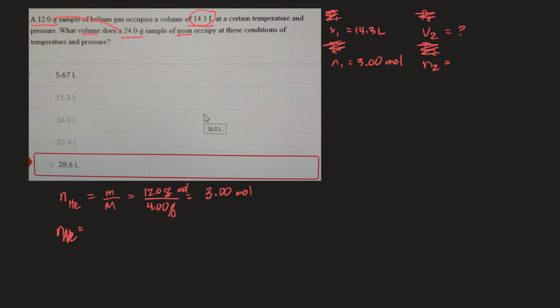are mass over molar mass, 24.0 grams, divided by 20.18 grams per mole. Grams cancel.